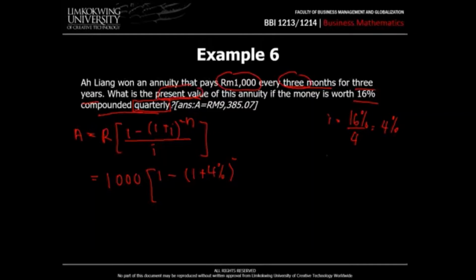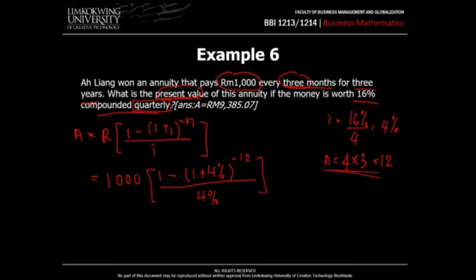This is not compounded monthly but compounded quarterly, every 3 months. So 1 year is 4 times, and for 3 years you get 12. So n is 12.